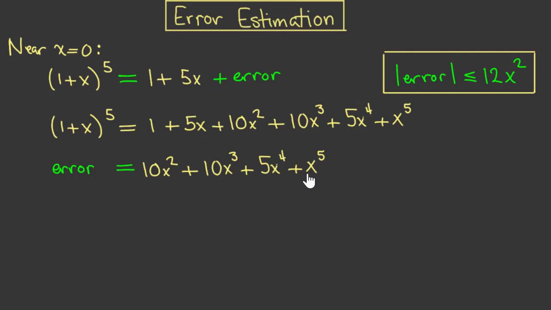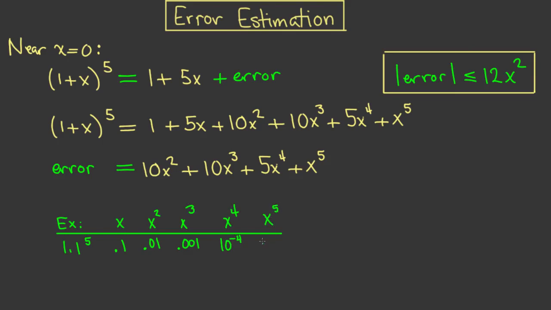What we need to keep in mind is that when x is very close to 0, even though these terms, x to the 4th and x to the 5th, might seem big, because we're looking at very small values of x, these higher powers mean smaller, not bigger. For example, if we consider 1.1 to the 5th, here x is 1/10th, x squared is 1/100th, x cubed is 1/1000th, x to the 4th is 1/10,000th, and x to the 5th is 1/100,000th.